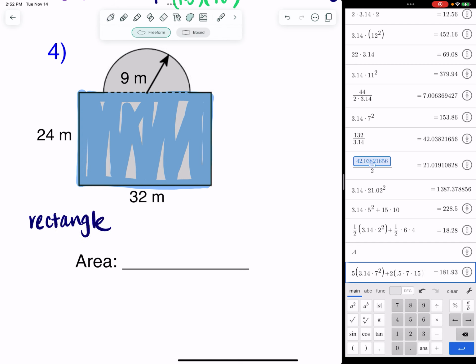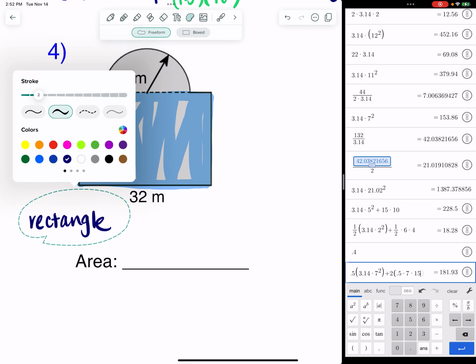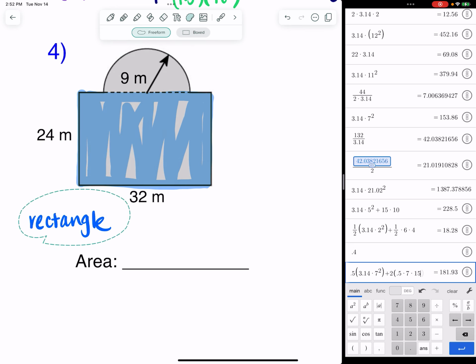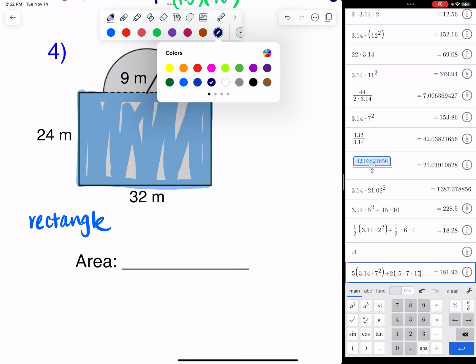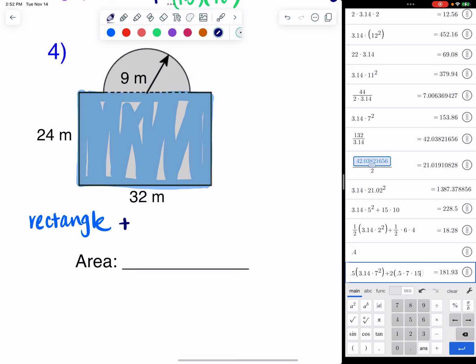So we need the area of the rectangle. And we just have half a circle again.